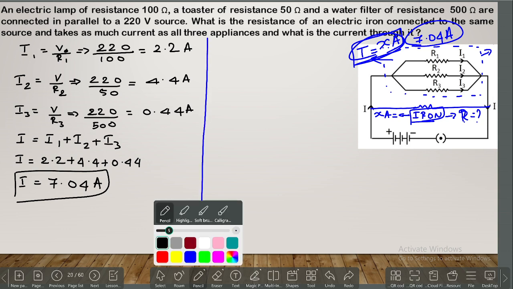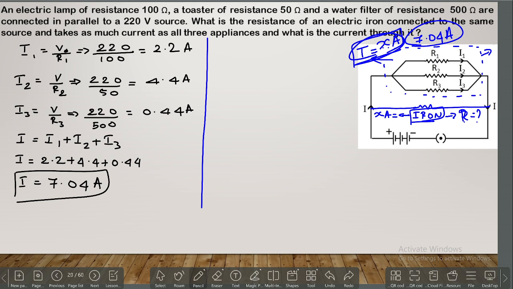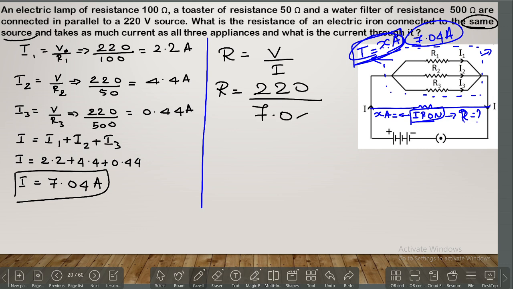So what is the resistance they are asking? R is equal to V by I. In the question they clearly said that an electric iron is connected to the same source. That means it is connected to the same value of potential difference. So R is equal to 220 by 7.04.